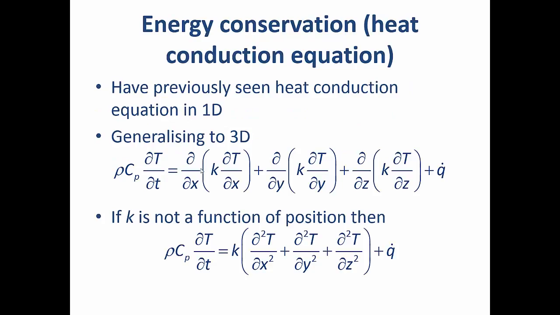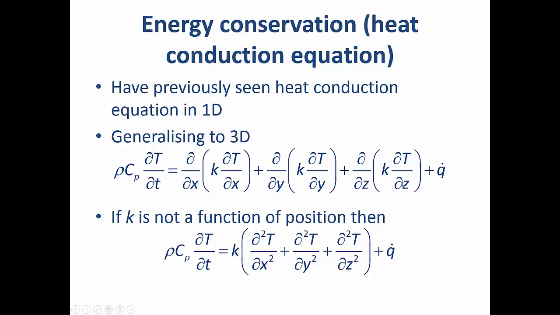Previously, we have seen the heat conduction equation in 1D, where I had this time-dependent term, the term that depends on x, and the heat generation term. I now want to generalize to 3 spatial dimensions, and I do this by including 2 terms that are equivalent to the partial d by partial dx, k partial dT by dx, but written in terms of y and z.